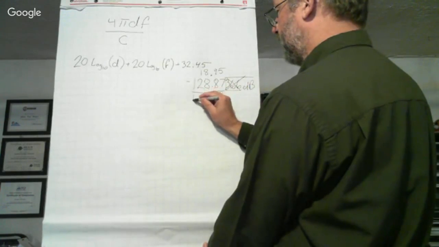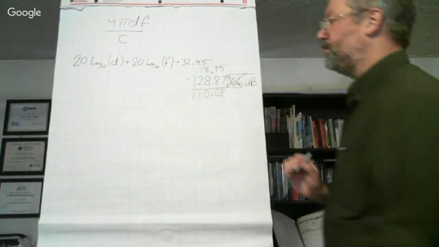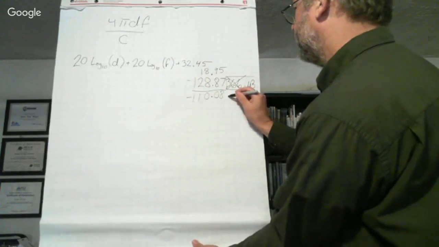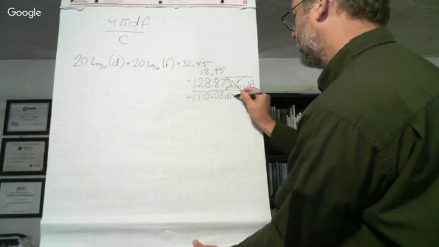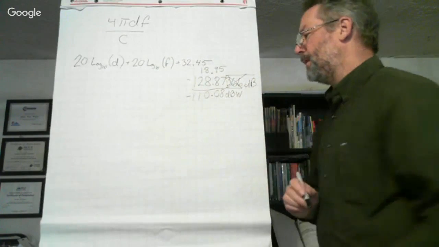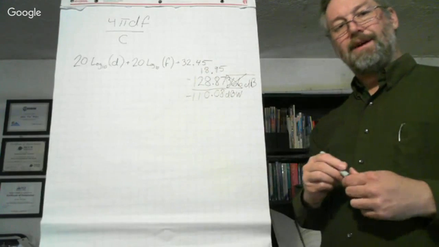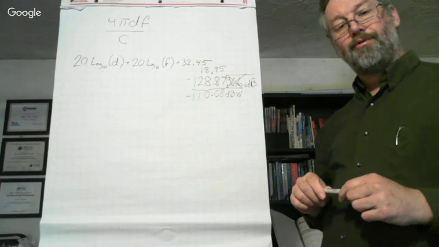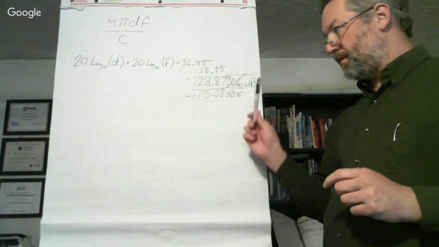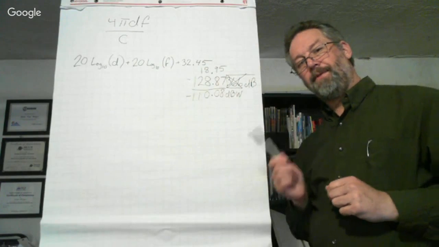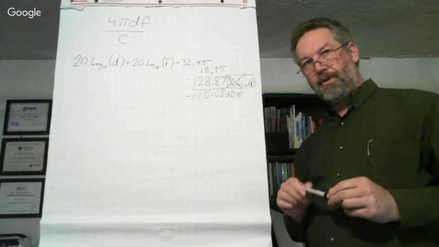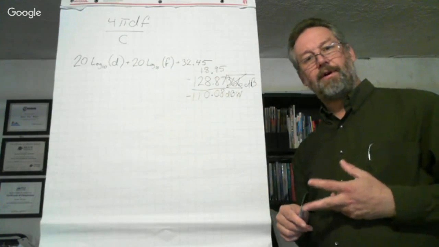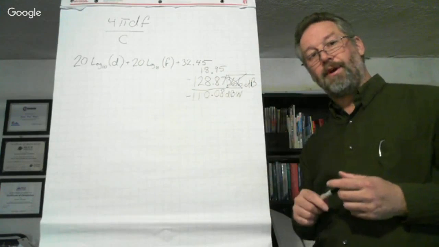Because what we end up with is we're down to minus 110.08 dB. That's still a substantial amount to recover, but it's not impossible. The big thing to remember here is receiver sensitivities often go into the 80, 90, sometimes into the 100 dB range. So we're almost there.